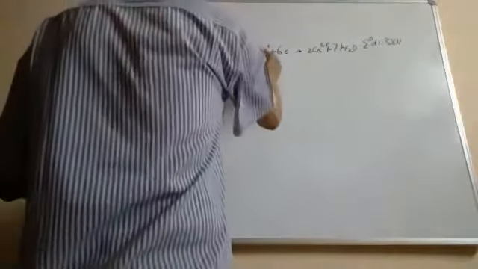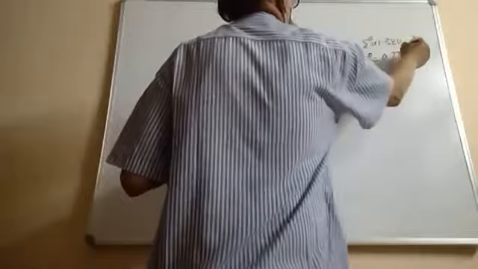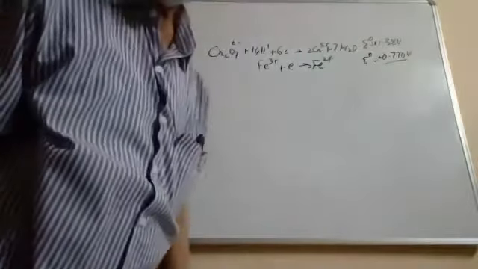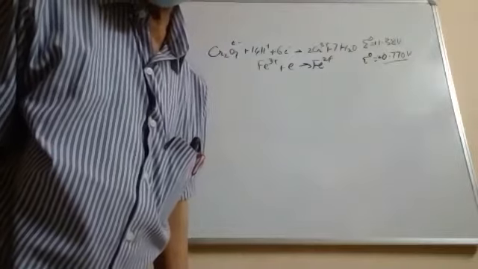Now let me put another one. If I have Fe3+ plus an electron giving Fe2+, the potential for this is 0.770. Again, plus. Reaction spontaneous? Both are spontaneous, right?